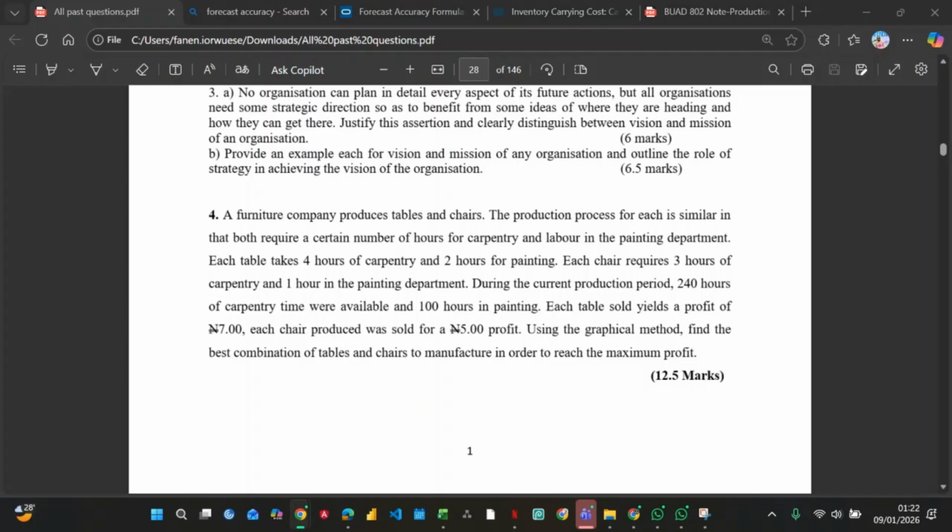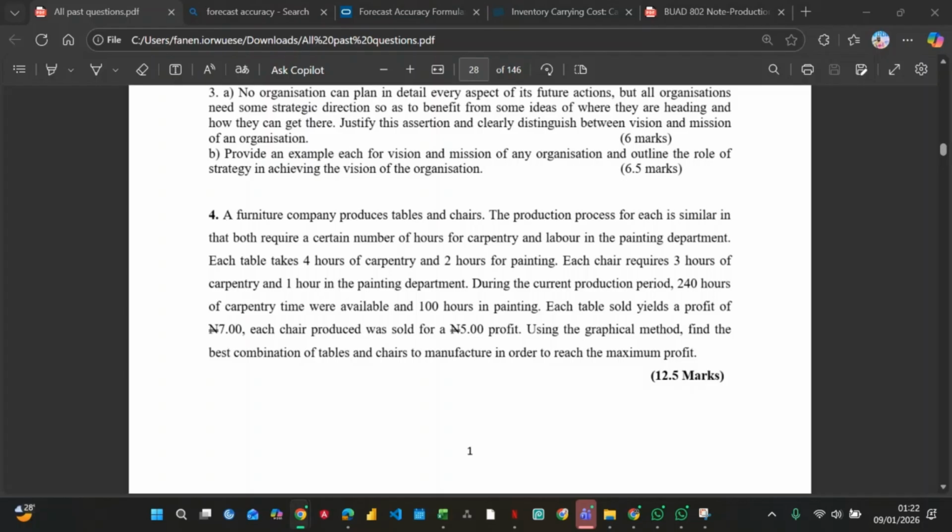Now, if you look at the question, like I said, first of all, what you need to do is define your variables and understand the question. Everything is inside.